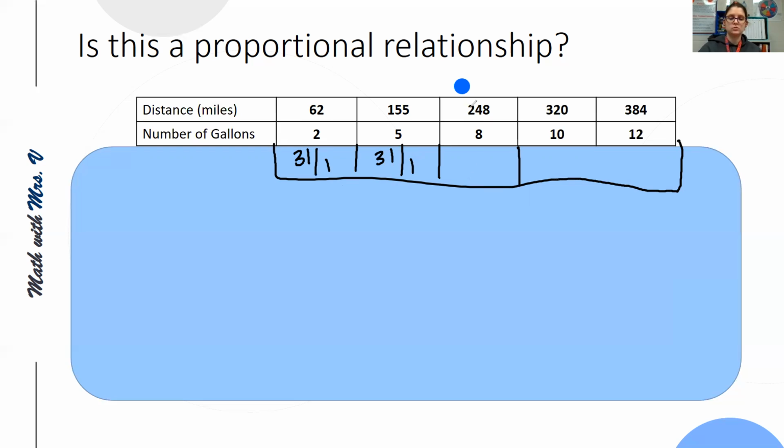We would divide 248 by 8 and get 31 per 1. But we would get to 10 and we would see it would be 32 per 1. So this is also non-proportional. If it's proportional, it would have the same unit rate all the way across.